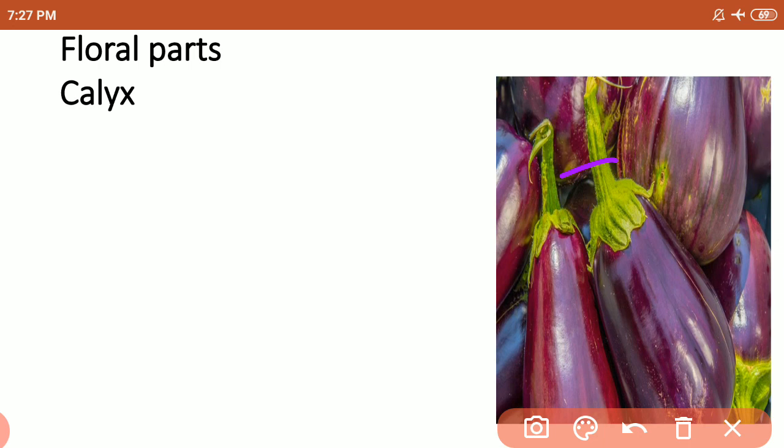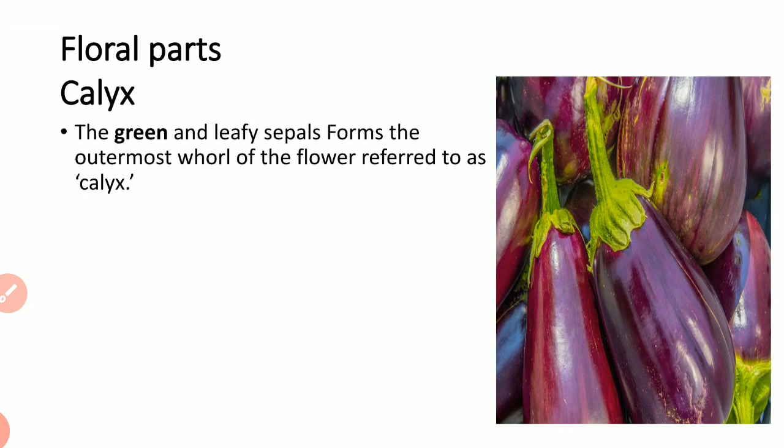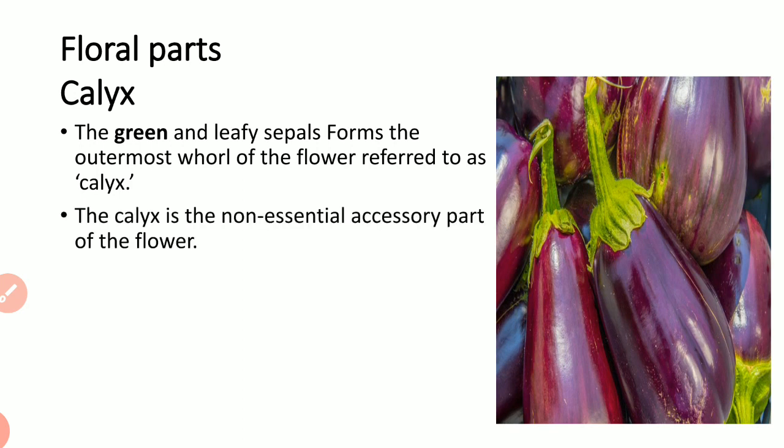Persistence means it is a calyx which lasts for the lifetime of the fruit after the flower has fallen on the ground. So the green and leafy sepals form the outermost whorl of the flower, referred to as the calyx. The calyx is a non-essential accessory part of the flower.